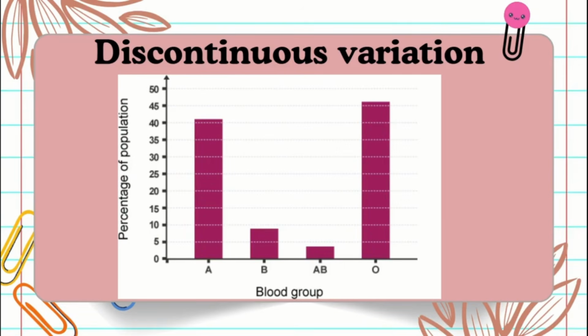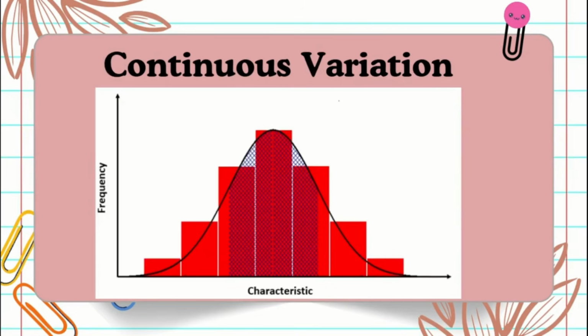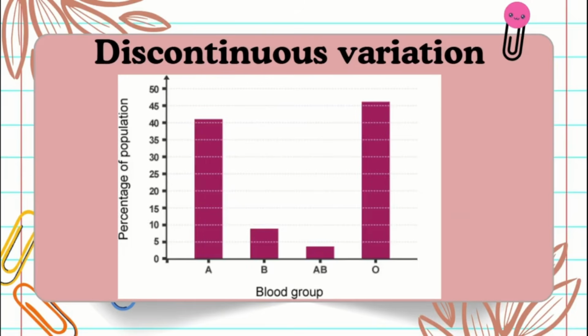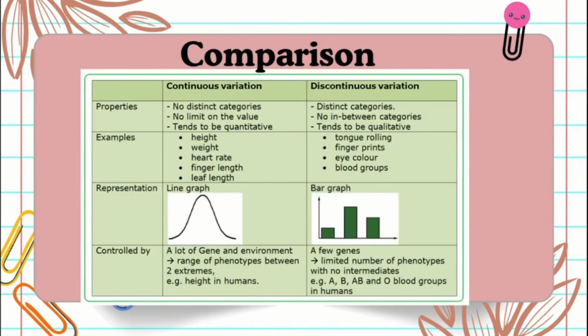There's no in between. If you look at the graph, it shows clear-cut categories, in this case different blood groups. If you look back at continuous variation, it was more curvy, it wasn't defined, while in discontinuous variation it is very much defined, with clear-cut categories.